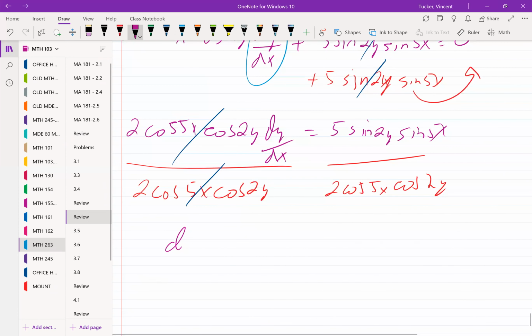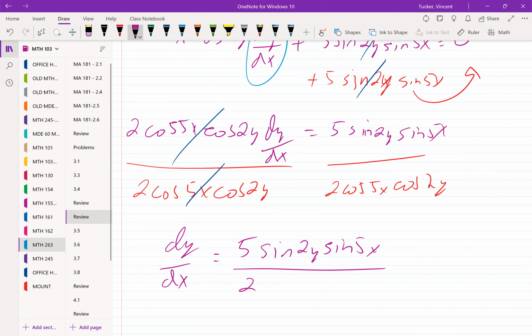And then we have dy/dx equal to 5 sine 2y sine 5x over 2 cosine 5x cosine 2y. All right, so let me make sure now that coincides with the answer.